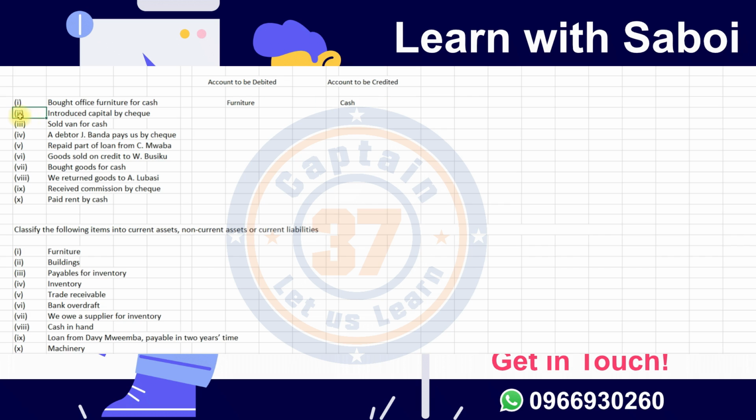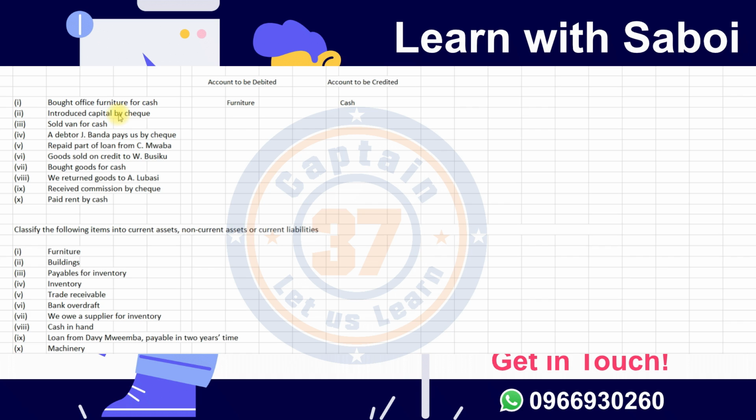Let's look at 2. Introduced capital by check, meaning the business is already running, but we bring more money into it. In what format has this money come in? It says by check.